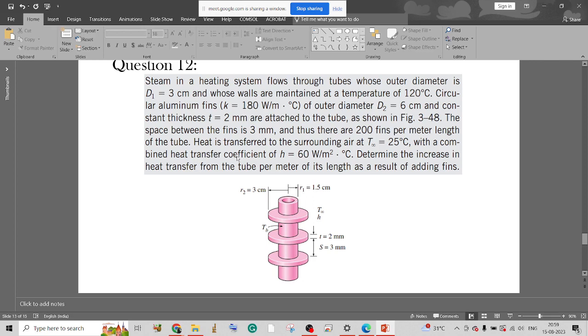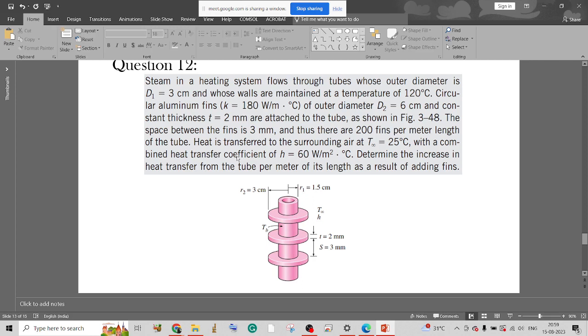Ma'am, will it come out to be 11272.16? No, near to that, no. You tell me what you find out to be the heat transfer. What is it for the fin region? Ma'am, 25.